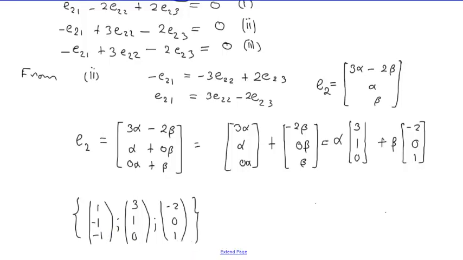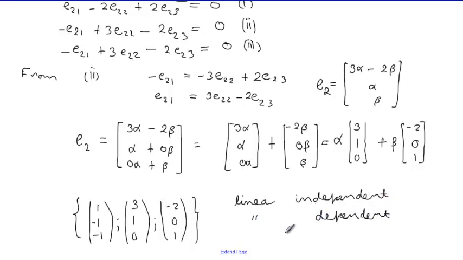This set of vectors is what you can call a representative family for all the eigenvectors corresponding to the given matrix. There's something interesting here which I want you to check in relation to what we did before. I would like you to check whether this set of vectors is linearly independent or linearly dependent.